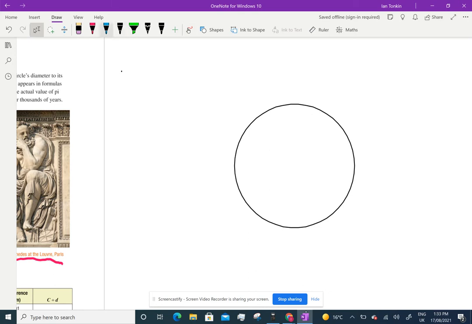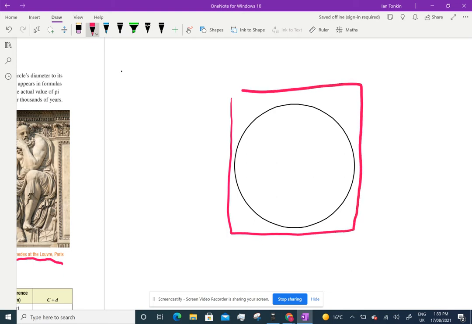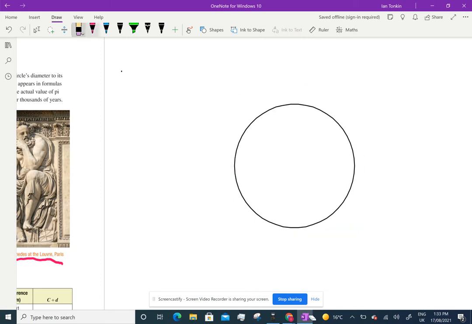But what if I put a square around this circle? I'm trying to get the square to fit exactly around it.